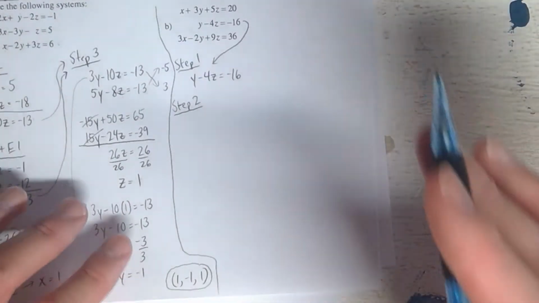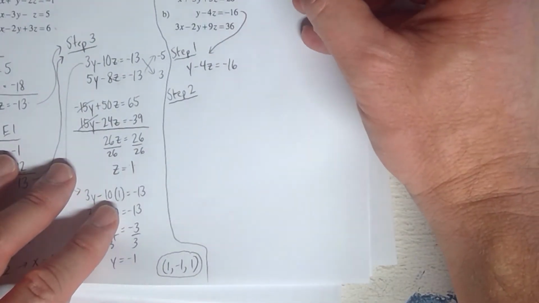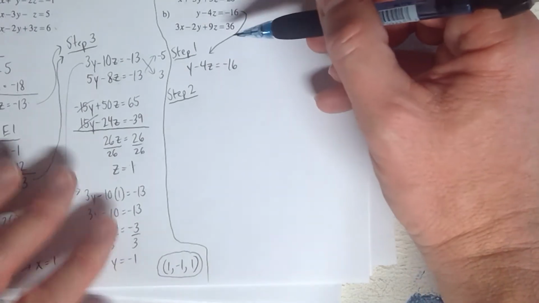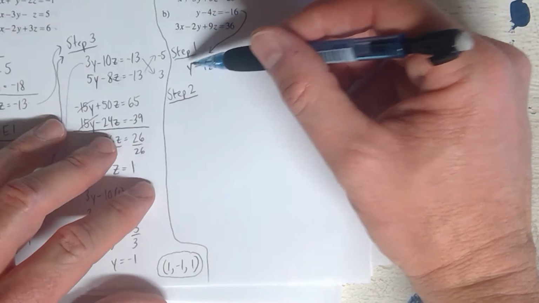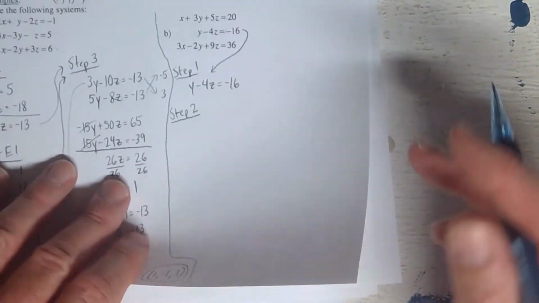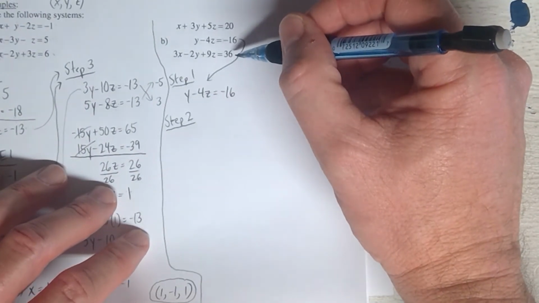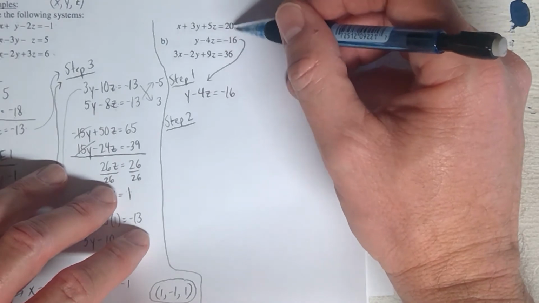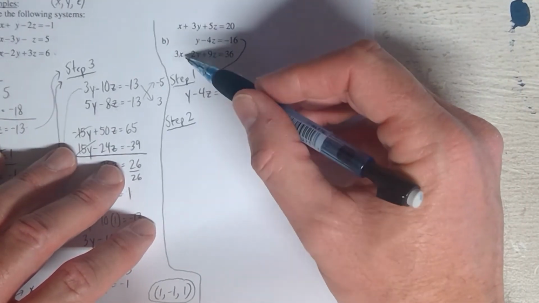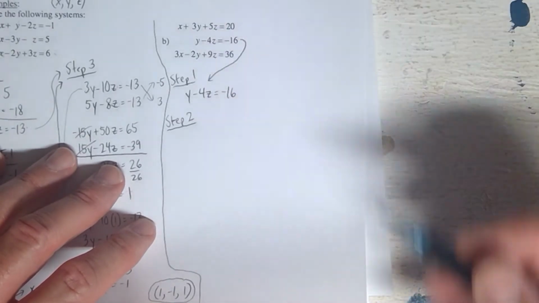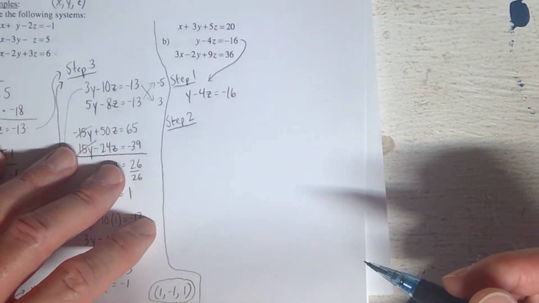Now, when you choose the pair of equations, if you had one of these things where the variable was already eliminated, and you use that as your step 1 equation, you have to pick the other two equations. There's no other choice. You have to pick the other two equations to be your two equations that you use in step 2 in order to eliminate the same variable x again.